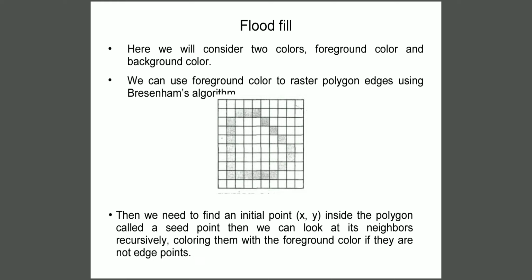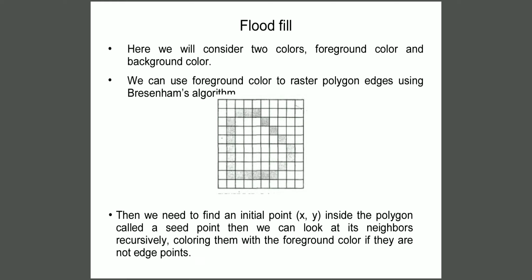So in the third step, we need to select a random point inside the polygon, and we call that random point a seed point, and we need to identify the color of that seed point. If the color of the seed point is a background color, then we need to update that seed point, or pixel, with a foreground color.